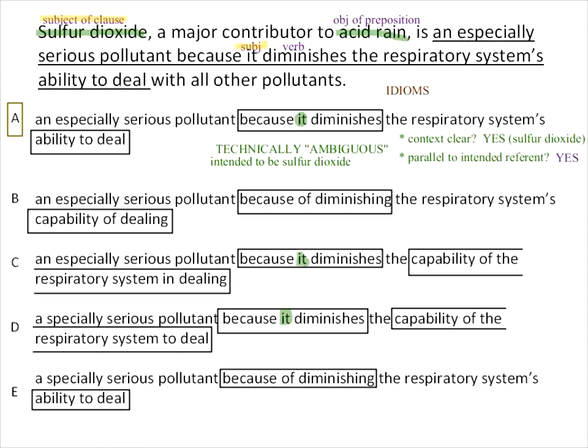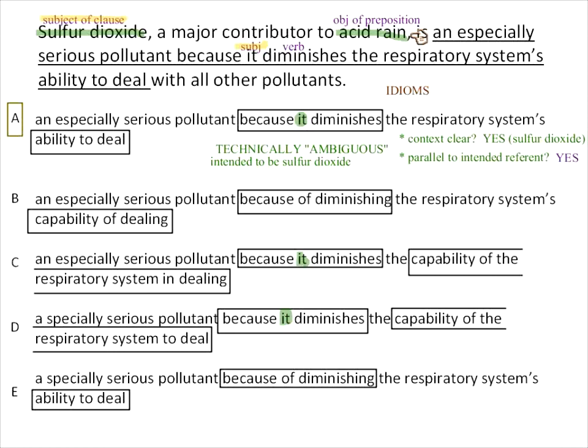Question is, could we have ignored the content between the commas? Well, when we're talking about the grammatical roles, then yes. For instance, to determine that this is the subject, you can safely ignore this modifier and just say sulfur dioxide is a pollutant. However, you have to be careful, because the whole reason we have an issue in the first place here is because acid rain is the second reference.